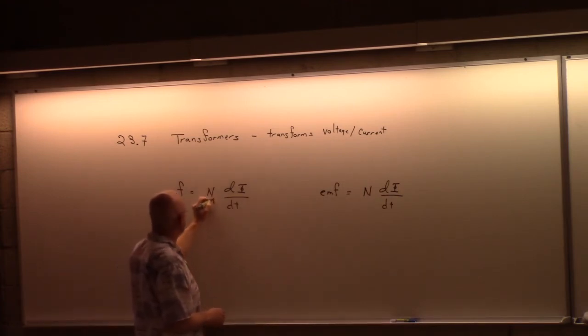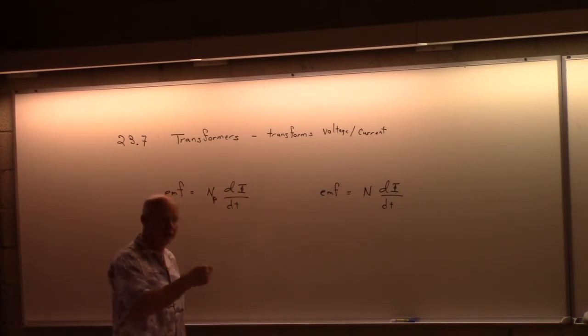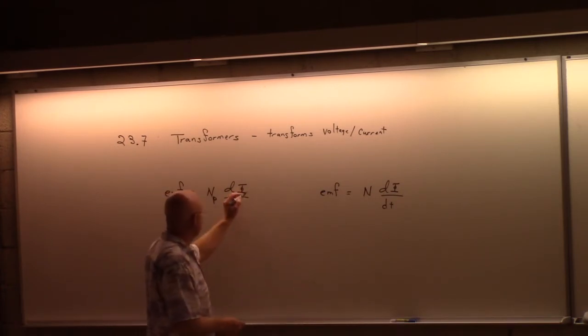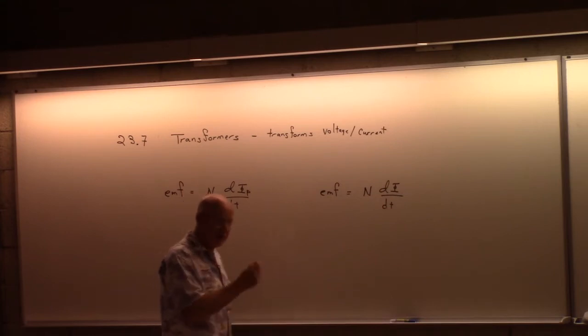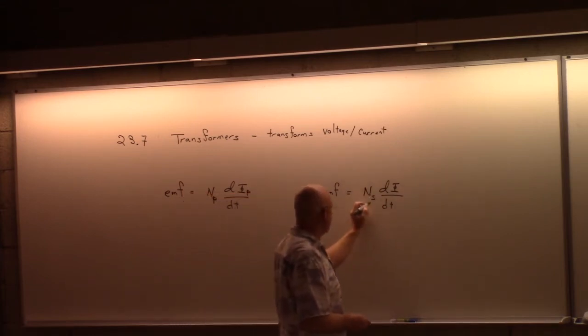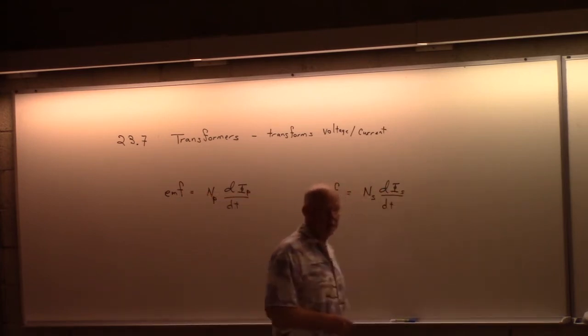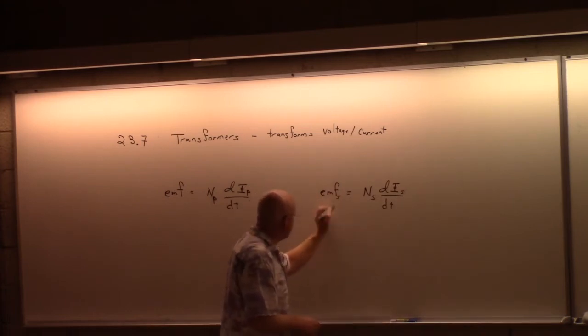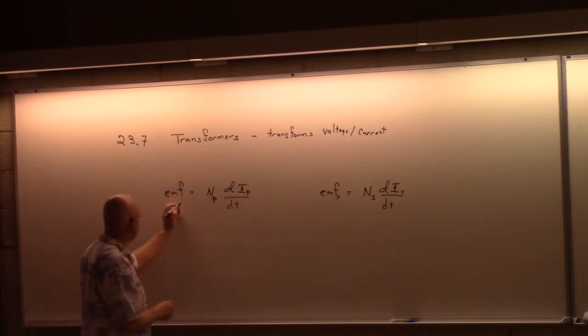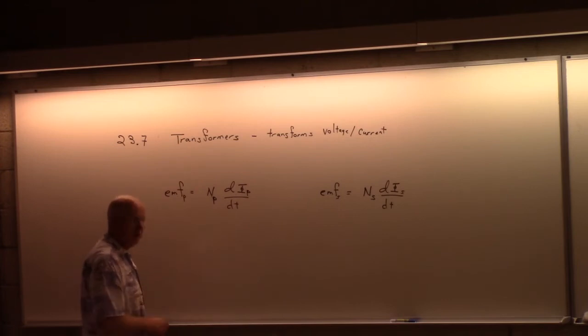Let me call this N sub P, the number of turns in the primary, the flux that's in the primary. For this one, let me call it the secondary. So this would be the EMF of the secondary, the EMF of the primary.